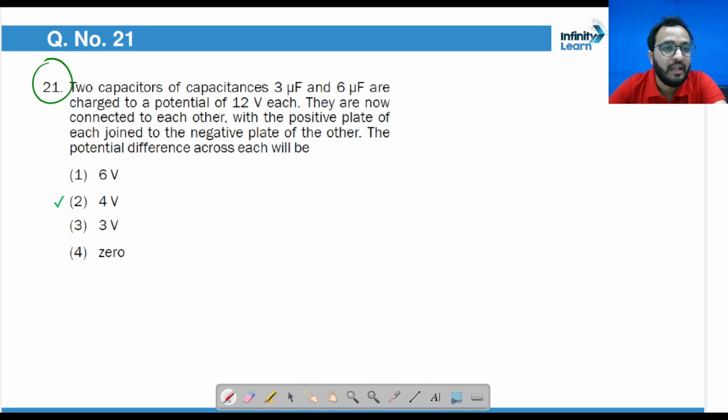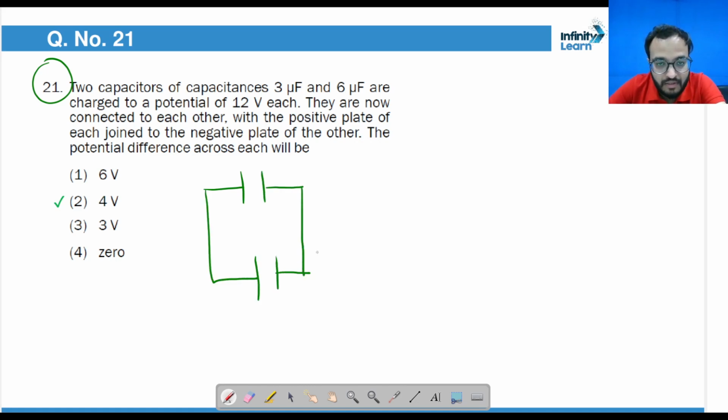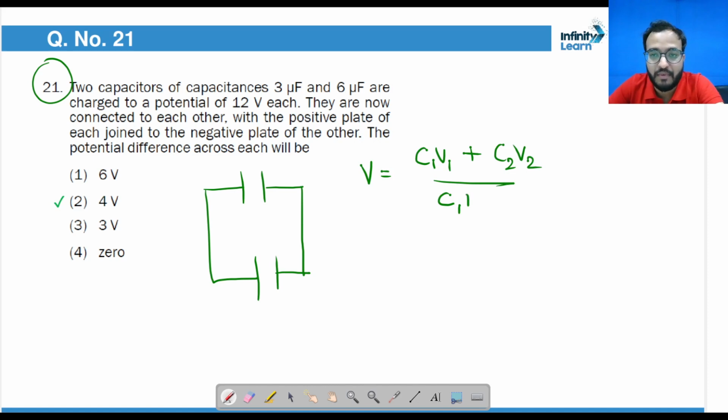21. Two capacitors of capacitances 3 and 6 are charged to a potential difference of 12 volt each. They are now connected to each other with opposite polarities. See, it's simple logic like this. If they are connected, normally the common potential formula is C1 V1 plus C2 V2 upon C1 plus C2.